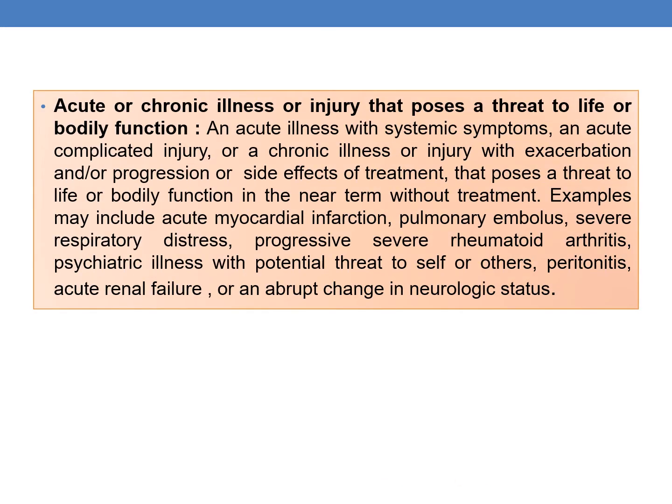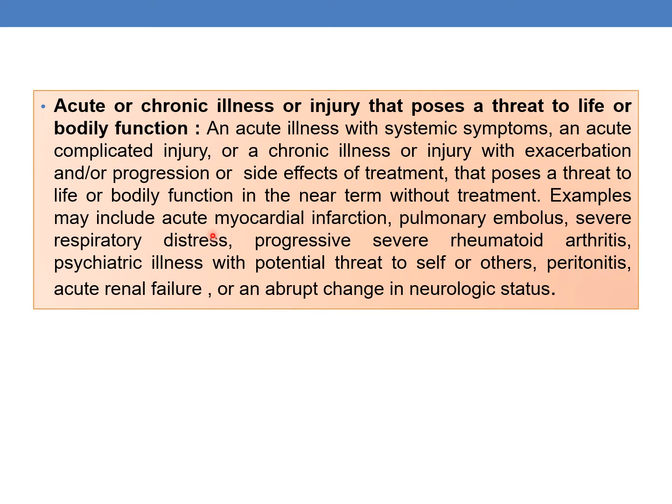Next is acute or chronic illness or injury that poses a threat to life or bodily function. An acute illness with systemic symptoms, or an acute complicated injury, or a chronic illness or injury with exacerbation, progression, or side effects of treatment that poses a threat to life or bodily function in the near term without treatment.